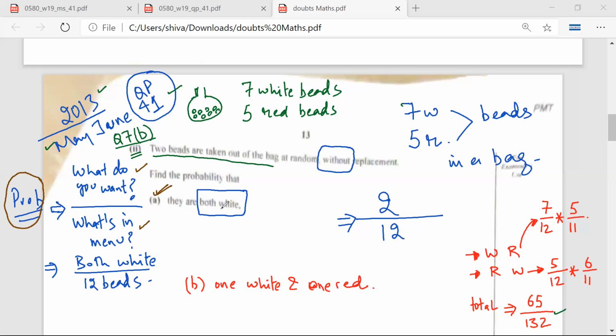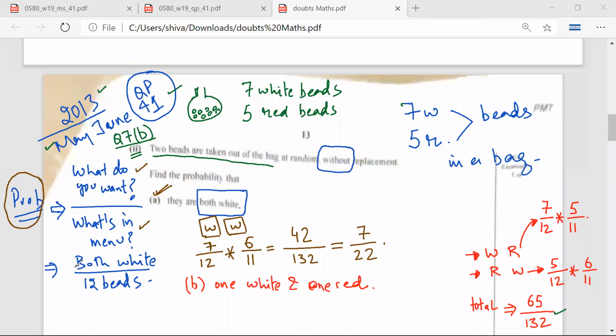If both the beads are white, then effectively I don't have much of a choice, because this should be white and this should be white. Any doubts, sir? No, sir. So the probability that we want is that both of them are white. And the choice that we have is the total choice that we have. What's on the menu? We have 12 beads in the bag.